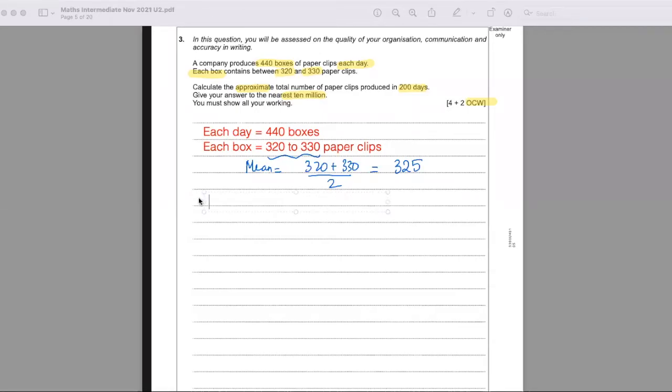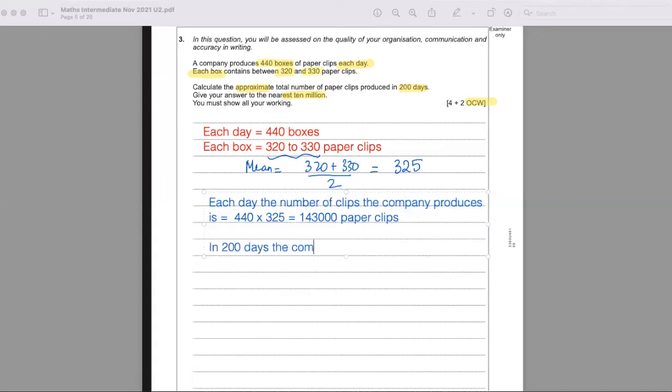Okay, so next step is each day, the number of clips the company produces is, and you just have to work it out. So all you've got to do is do the calculation, put that in your calculator, and that should give you 143,000 paper clips. Now they're asking you for 200 days, so in 200 days the company produced, and then just do that answer there.